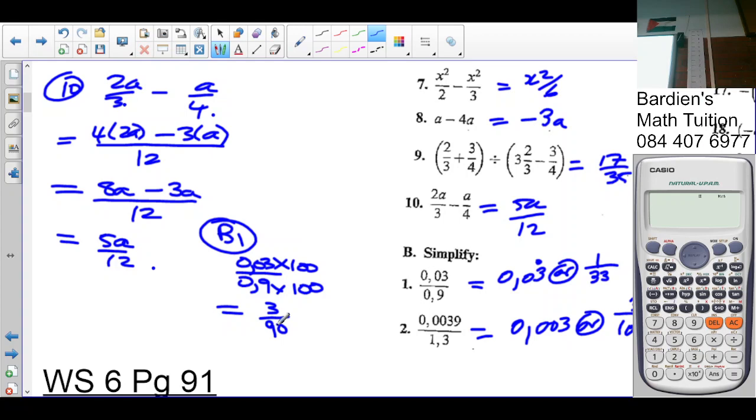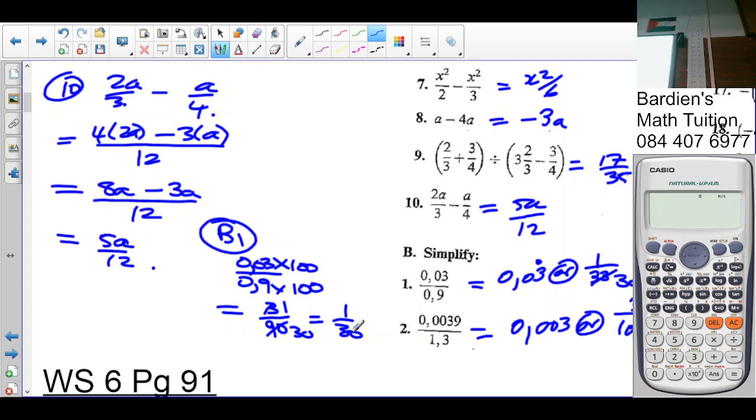Not so? And 3 goes into 3 once, and 3 going into 90, 30 times. So I actually made a mistake here. It's supposed to be 30. So it's 1 over 30 actually. Thank you. Who got 1 over 30? Nice. Okay, at least you guys got the right answer.